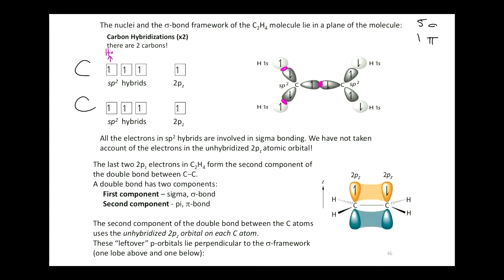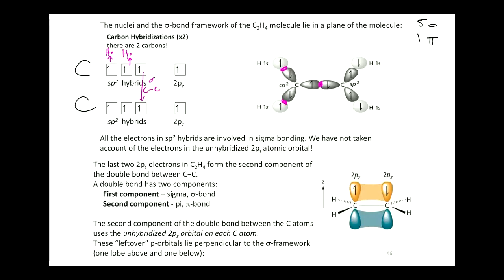Its unpaired electron is making a bond with hydrogen. It's making another bond with hydrogen with its other unpaired electron. But what is the last? What is the third electron doing? Keep track of it. Is it making a bond with another hydrogen atom? No, we're making a bond with the other carbon atom. All right, so we're making a bond here.